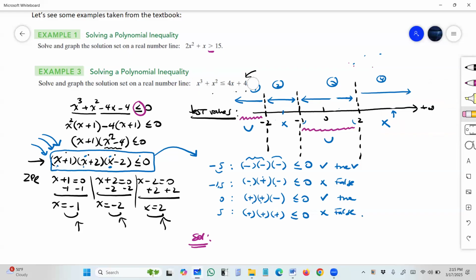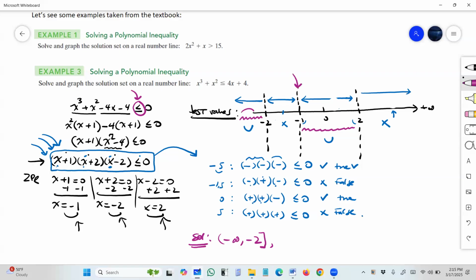Okay, so when you write your solution, let me just erase this. When you write your solution now, for example, in this interval, you're going from negative infinity to negative 2, but the negative 2 is included because of the equal sign. So you have to use a bracket here, not parentheses. The parentheses is not included.